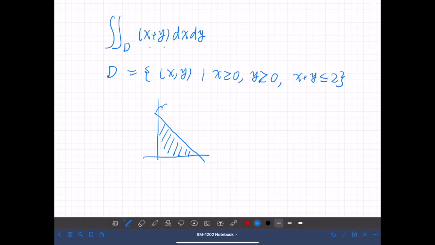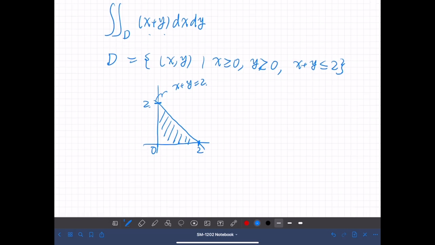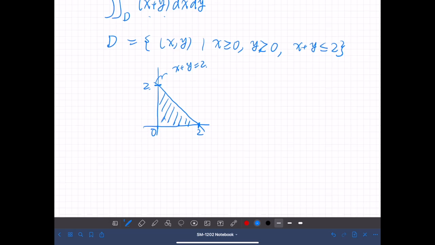This line is x plus y equal to 2, and this is 2, and this is 2, and this is the origin. So this is a region that is sandwiched by this line and this line.